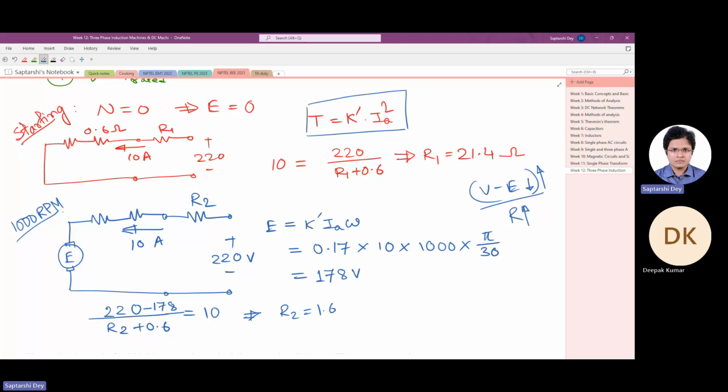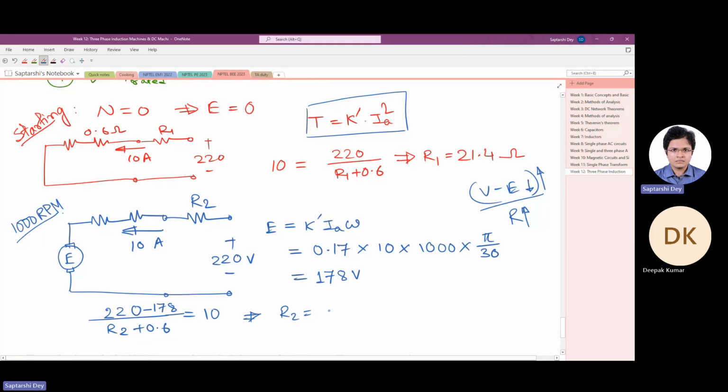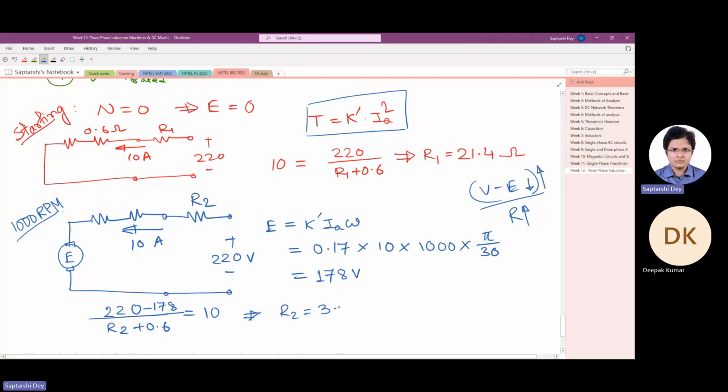No, 3.6. Oh, this is 220. So it is 42, 4.2 minus 0.6, 3.6.